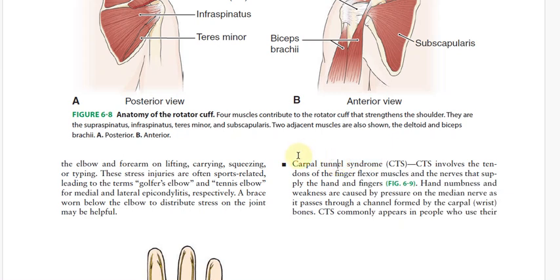This section is also important, carpal tunnel syndrome, which is a medical condition of pain and weakness in the hand caused by repeated pressure on a nerve in the wrist section of the hand.